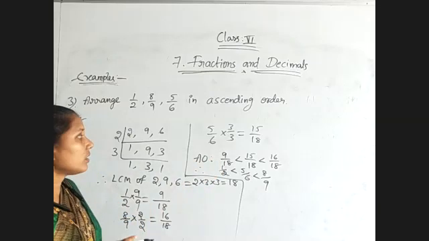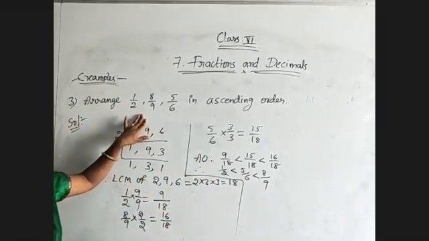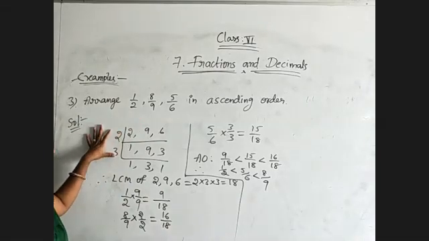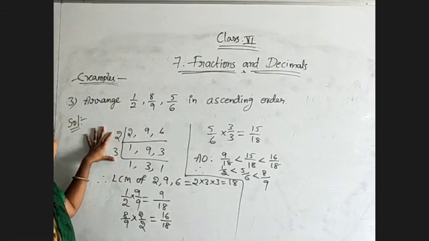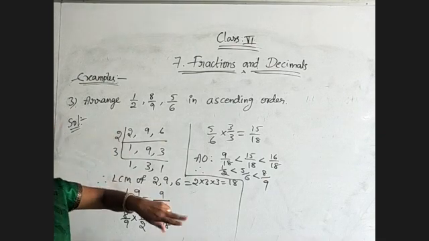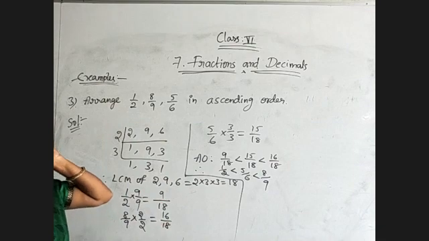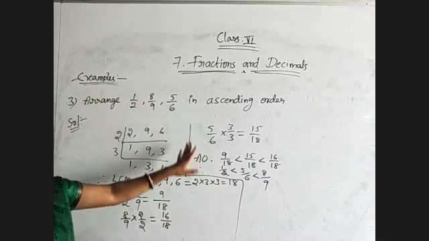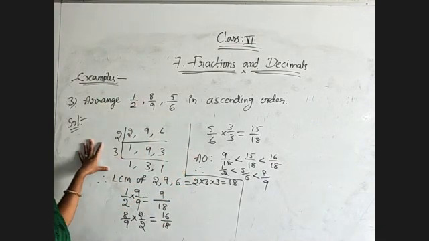Okay, remember whenever you get unlike fractions, first convert them into like fractions by using the cross multiplication or LCM method. When you use cross multiplication, if only two fractions are given, then we will use cross multiplication. But in case of ascending and descending orders, compulsorily we need to go through the LCM.